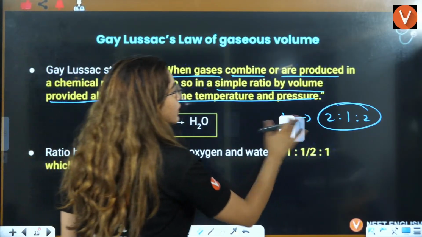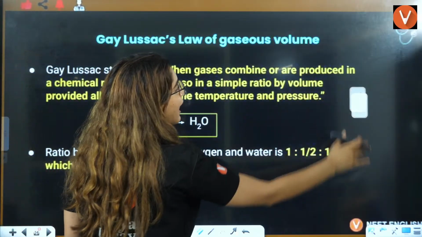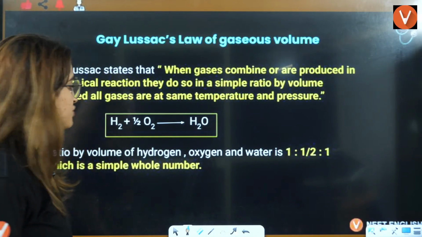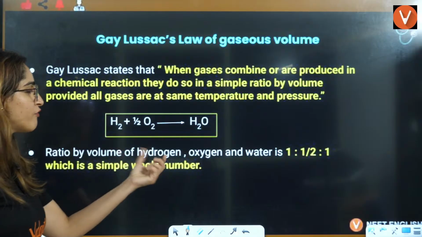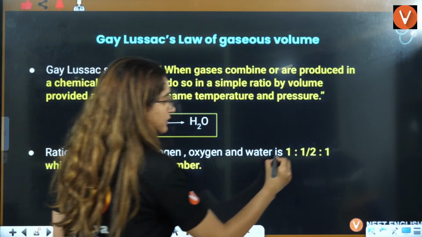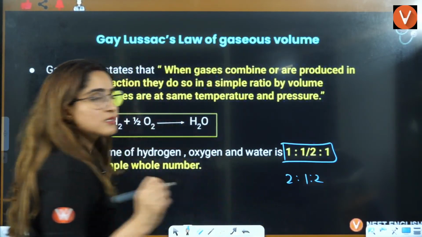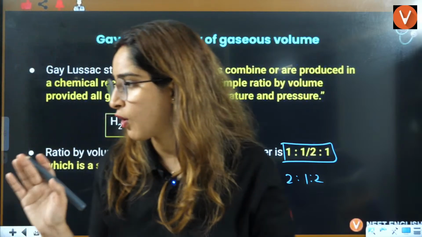This is what we say in Gay-Lussac's law, provided that the temperature and pressure are constant. The ratio by volume of hydrogen, oxygen and water is 2 ratio 1 ratio 2, a simple whole number ratio. Okay, everybody?